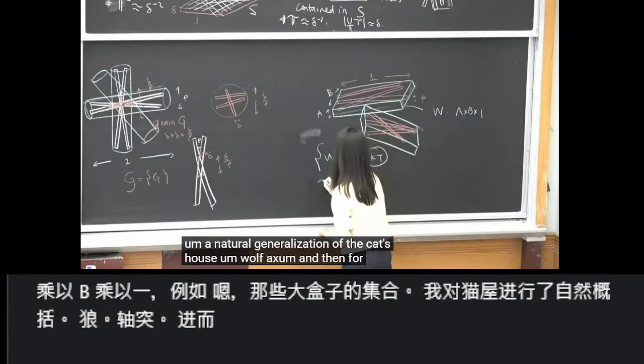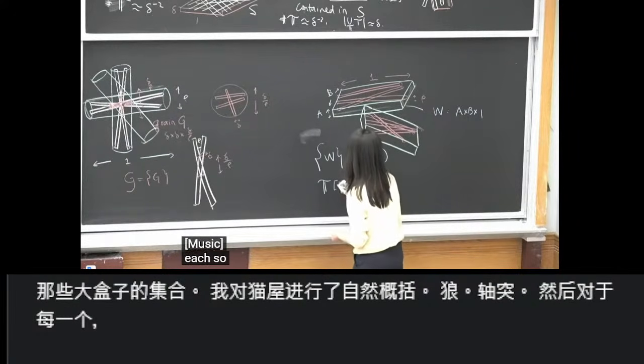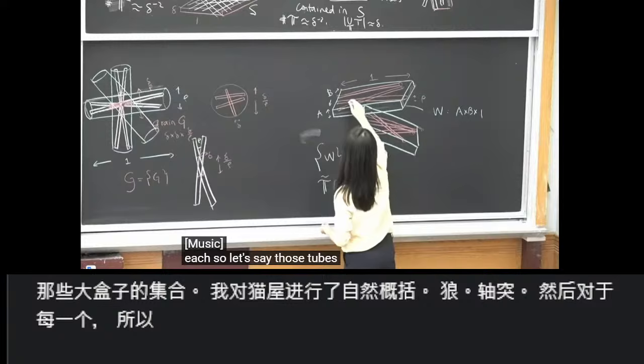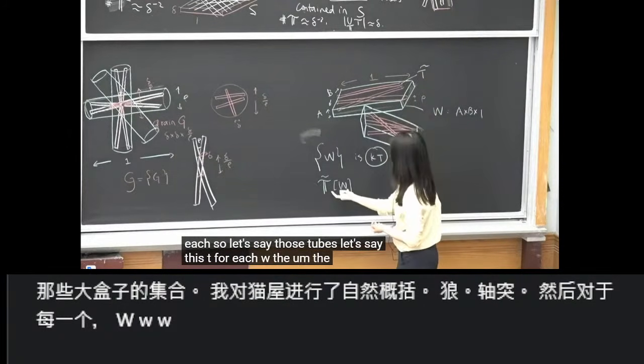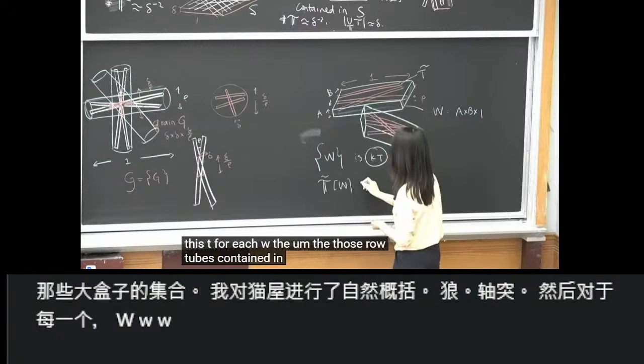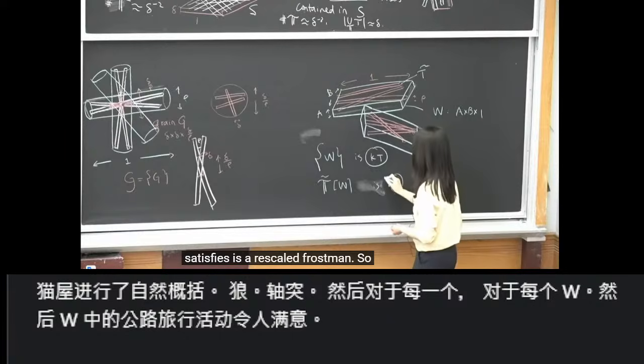And then for each W, those rho tubes contained in W, let's say this is T bar, satisfy the rescaled Frossman condition.